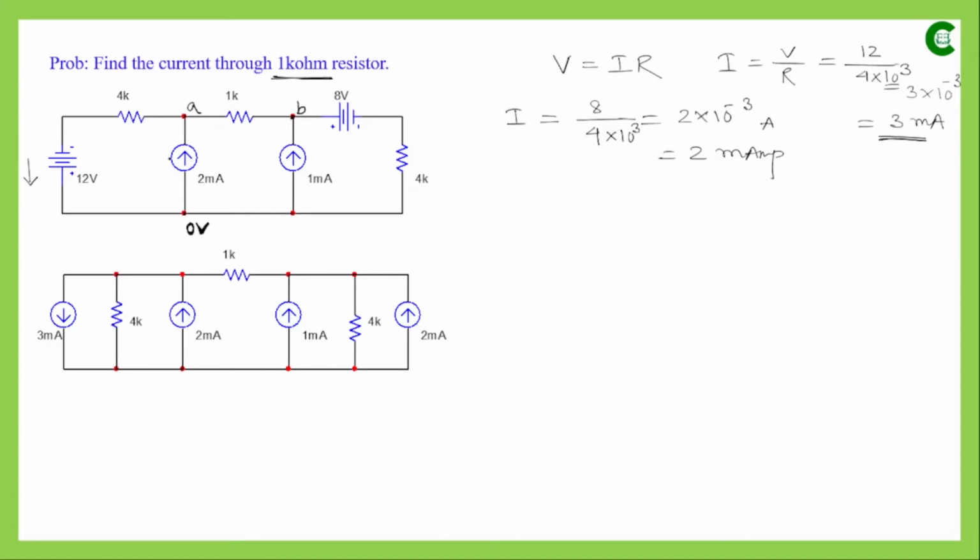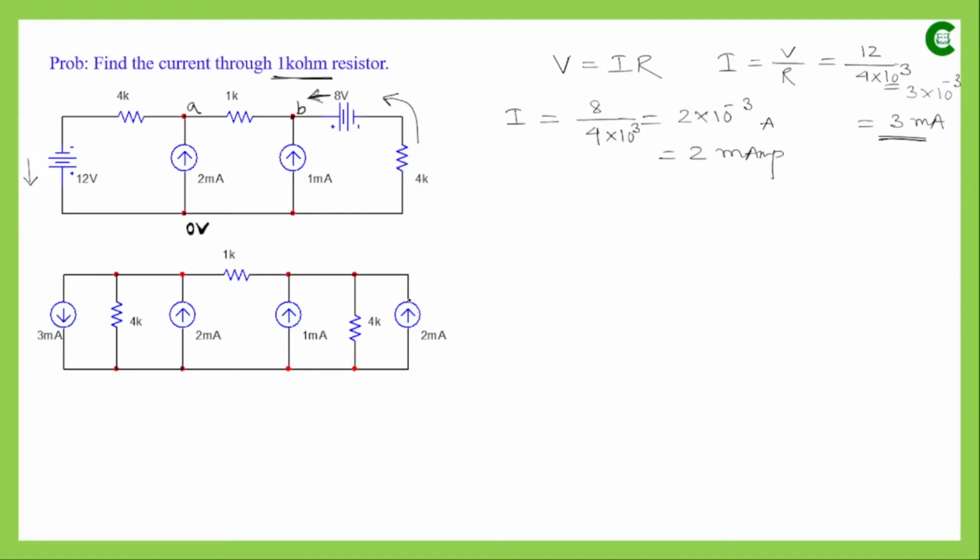And then this resistor and this current source we have drawn as they were connected in the original circuit. Now the right side of the circuit, here this voltage source has been transformed into a current source, and since on the left side we have the positive terminal of this voltage source and on the right side we have the negative terminal, that means current is flowing upward if we think vertically.